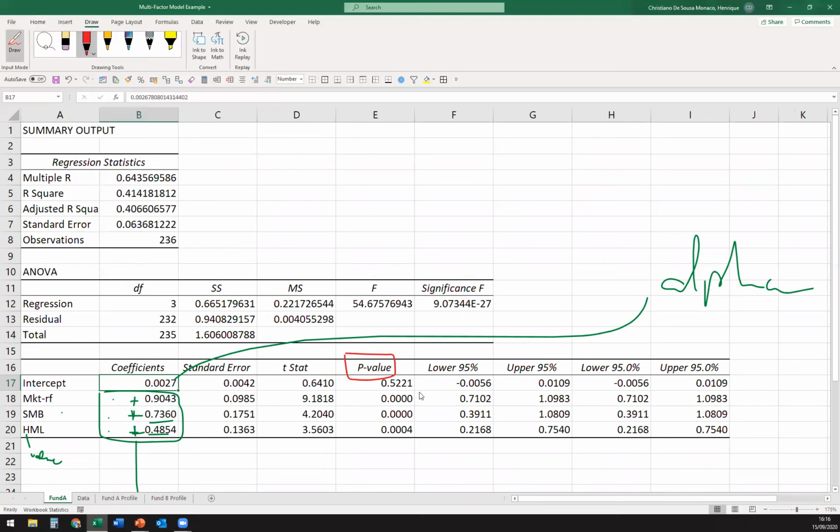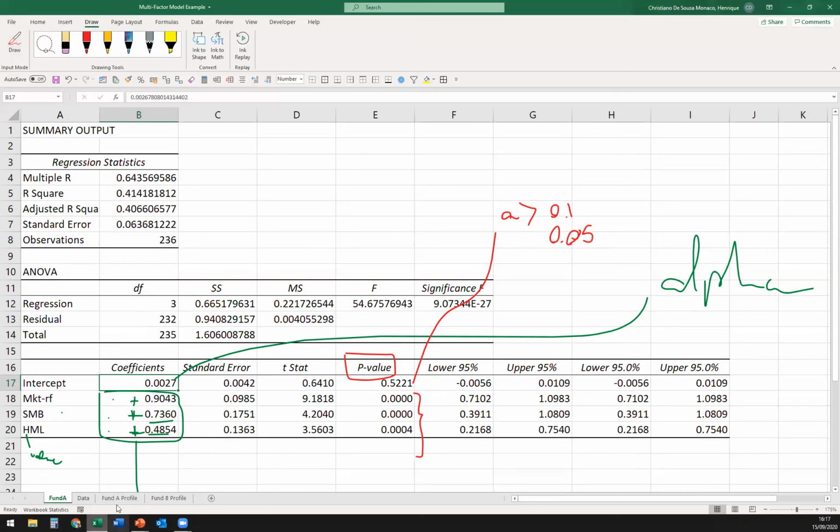You can see that this alpha here is greater than 0.10 or 0.05, which means that these excess returns are not statistically different from zero, right? Although those 3 coefficients here have low p-values, so this close relationship with small stocks and value stocks does exist, right?